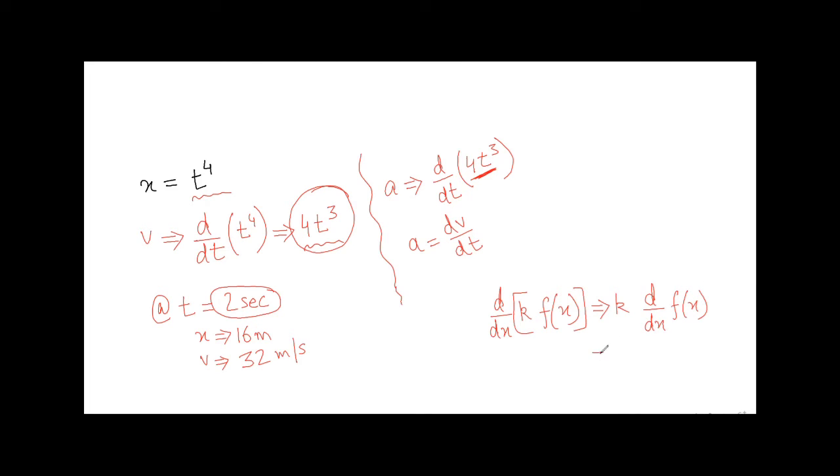So if I am given d by dx of 4t cube, it is a function of time, so I should write time here. All I need to do is take this constant out and find the differential of t cube. Are we clear, Avantika? Can you tell me the differential of t cube using the previous formula?